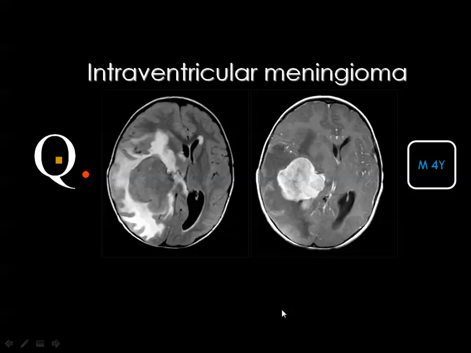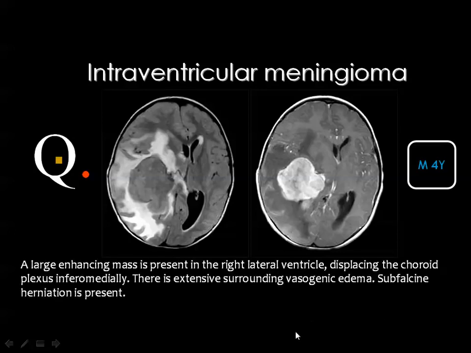Choroid plexus papilloma, and meningioma is actually rare in the pediatric age group unless the patient had neurofibromatosis type 1 and you get meningioma inside the ventricle. And I have said that whenever you see edema like this in the cerebral hemisphere, it is due to entrapment of the CSF flow in the occipital horn.